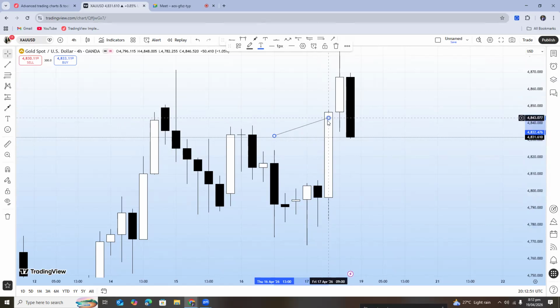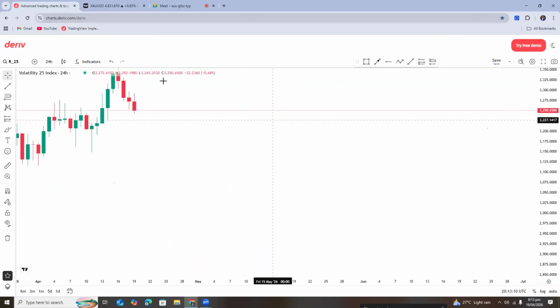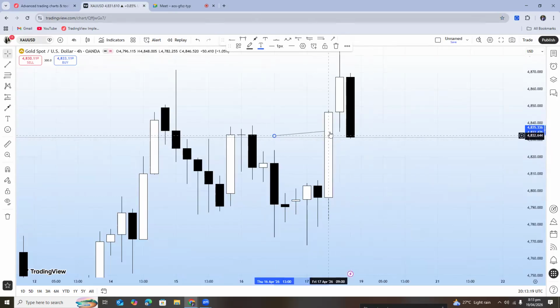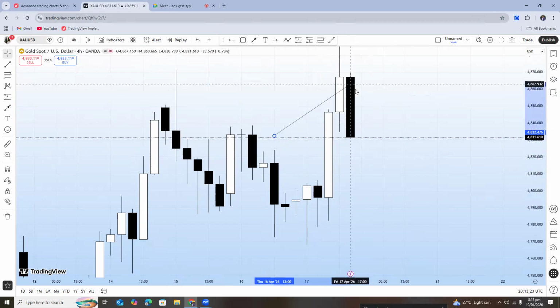So if you see a candle that has a very long body and very short wicks, just like this one, if it is red, we say it is a strong bearish candle. If it is green, we say it's a strong bullish candle, right? So in my case, the white one is a strong bullish candle, whereas this one is what?